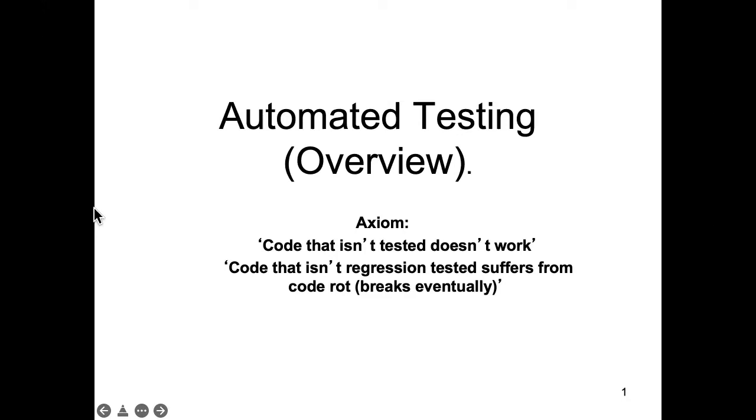The second one is interesting. It says code that isn't regression tested suffers from code rot, or it breaks. Regression testing is where you retest code that you already tested previously in the development lifecycle.